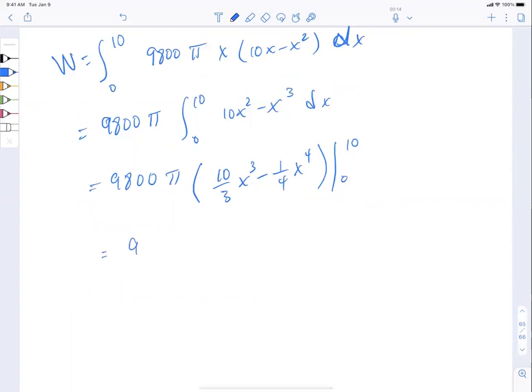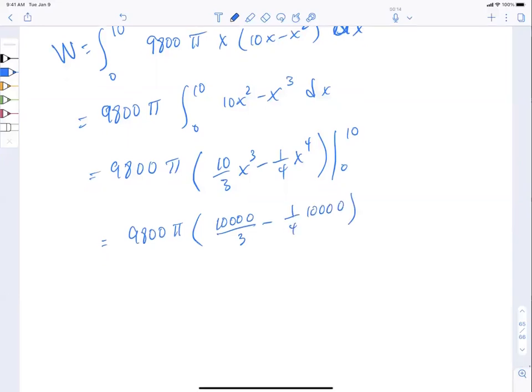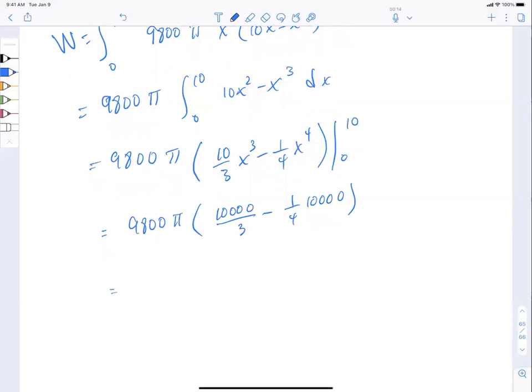Yeah, you just have to go through it. 1,000 times 10 is 10,000, and 1/4 of 10,000 minus 0. So it's going to get 1/12 of 10,000.